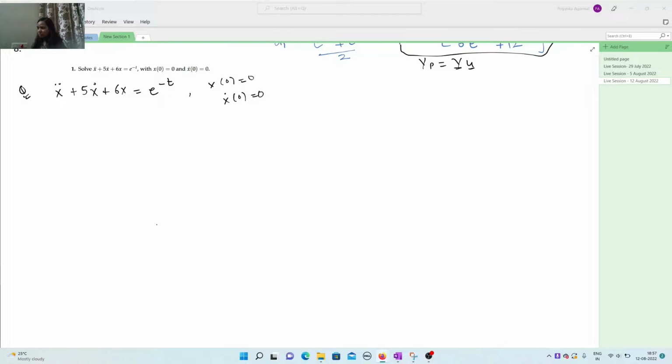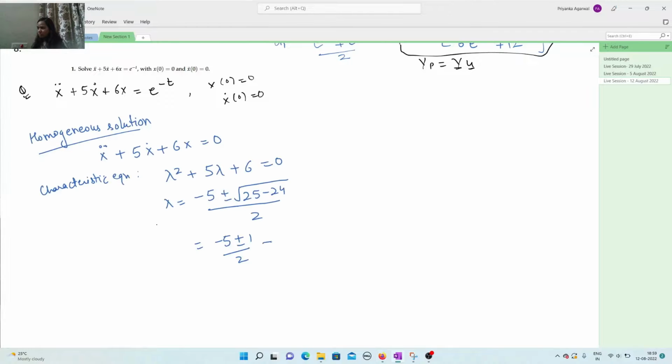So the characteristic equation would be lambda squared plus 5 lambda plus 6 equals 0, and the roots come out to be minus 5 plus minus 1 over 2, which is minus 3 and minus 2.